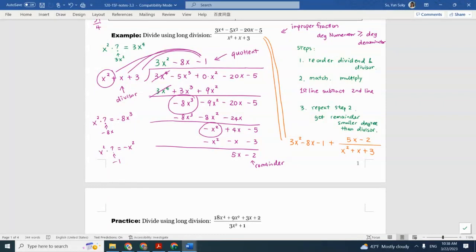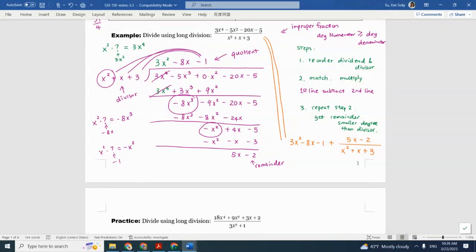So you get 6x squared. Put it under, look at the power. 3x squared times question mark equals 18x to the 4.